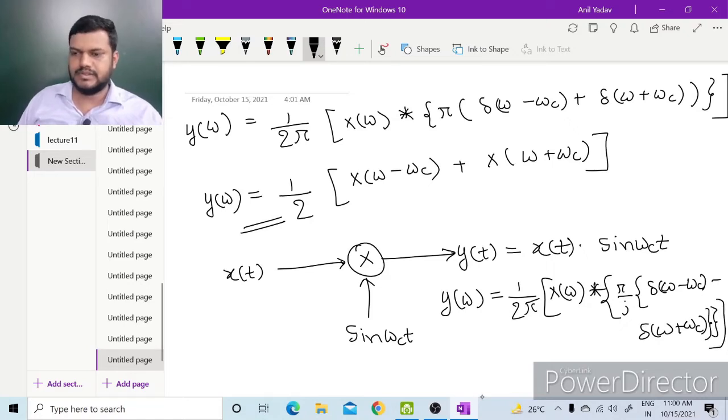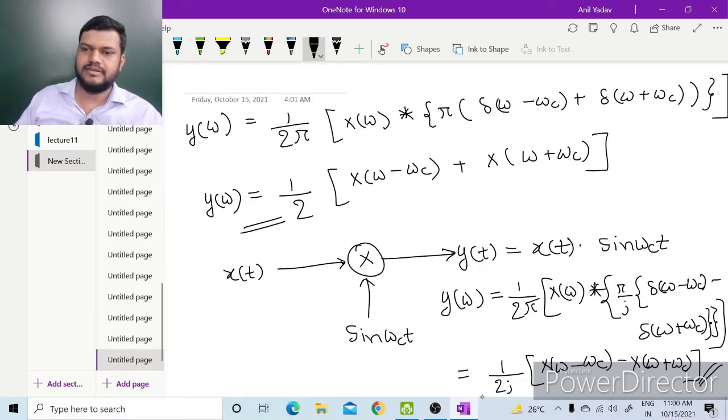So this will be 1 upon 2j times X(omega minus omega c) minus X(omega plus omega c), where omega is frequency and omega c is the carrier frequency.